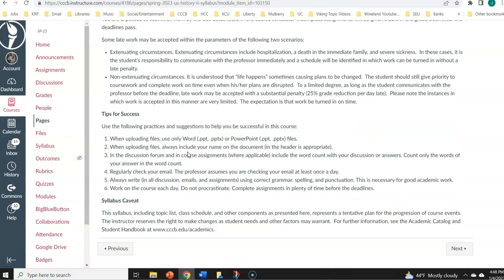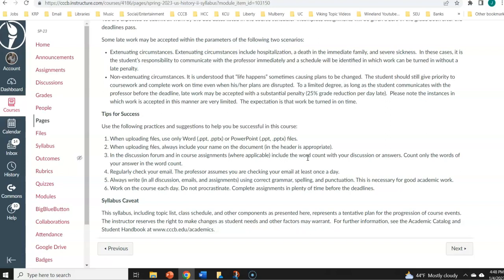All right. So if you're going to upload things, I don't see uploading any PowerPoints, but you're going to be uploading Word files. What I'd recommend is that you type your work out on your computer, save it as a Word file, and then upload it onto Canvas.